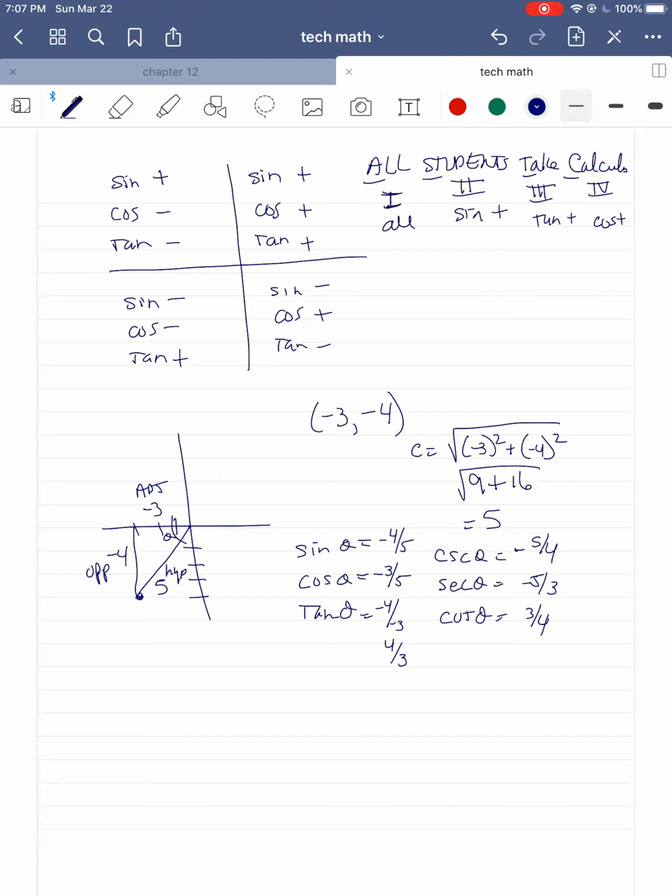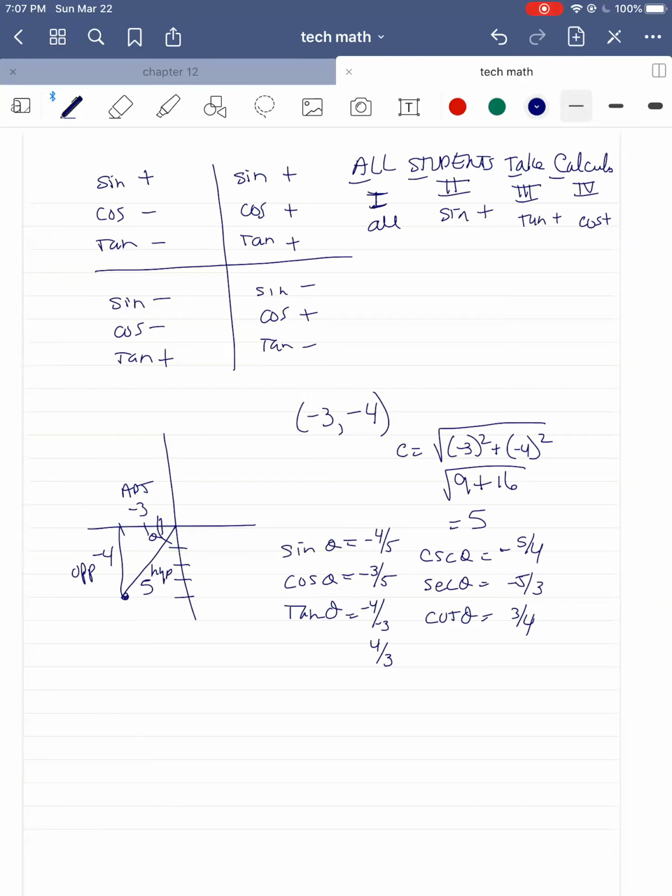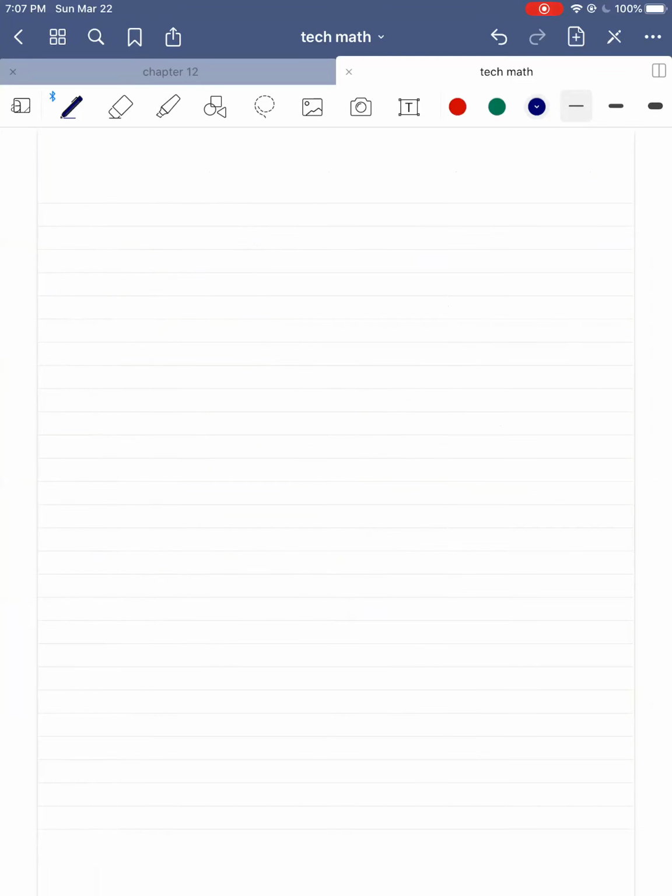Let's try one more example. Let's say we have the ordered pair square root of 2 and minus square root of 5. First thing I want to know is where this is. And again, this is just going to be an estimate.